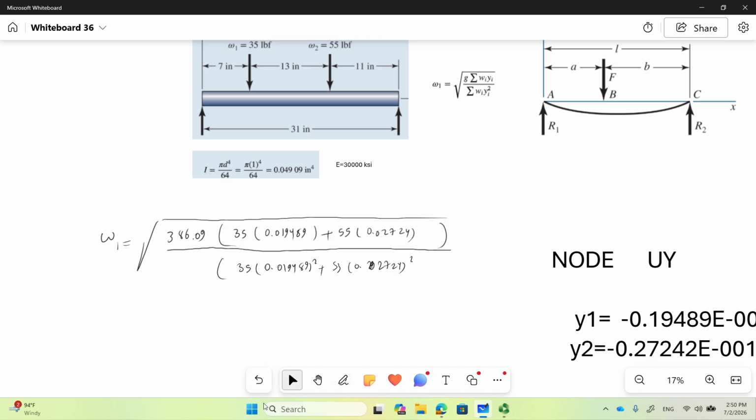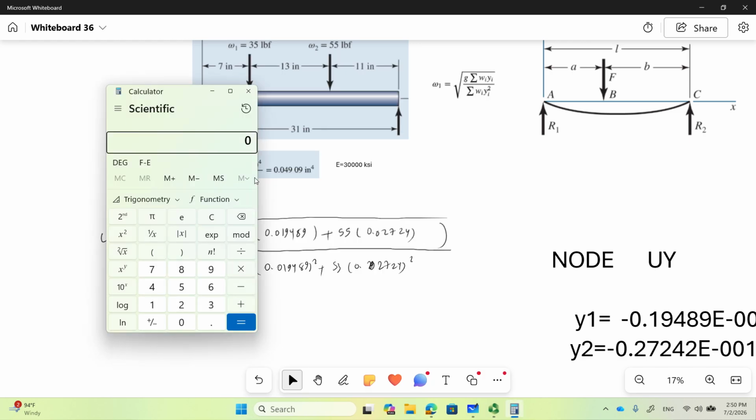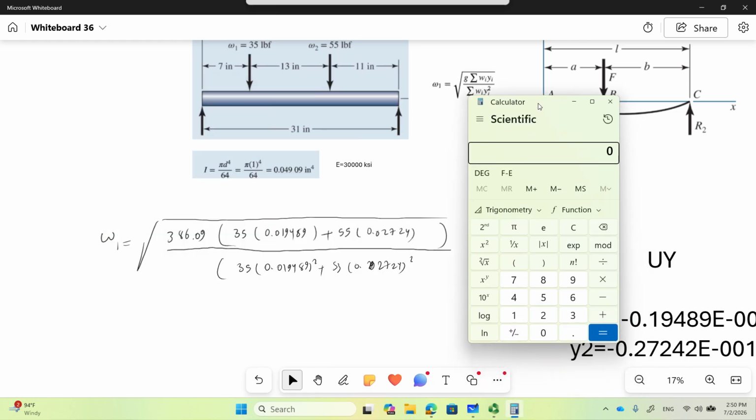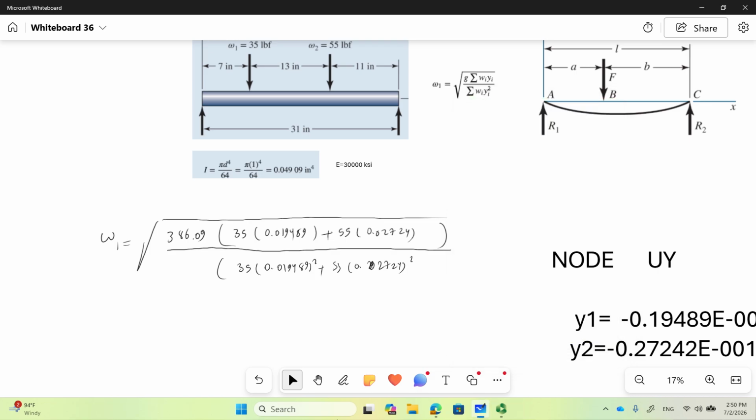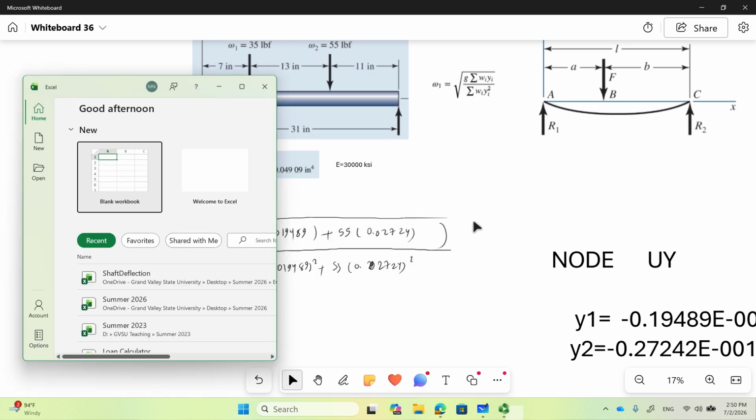So let's calculate this. You can use a calculator, or maybe you could use Excel instead. Probably Excel is better. Let me use Excel. Alright.